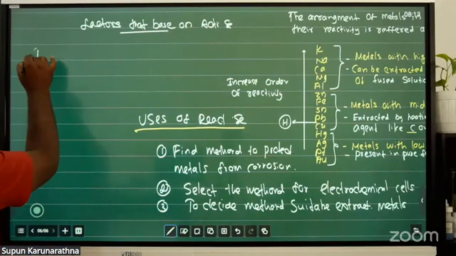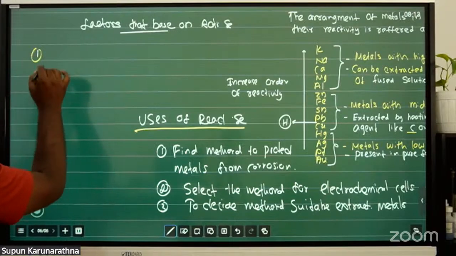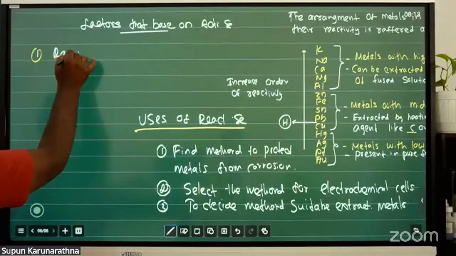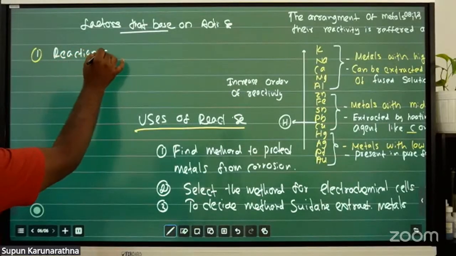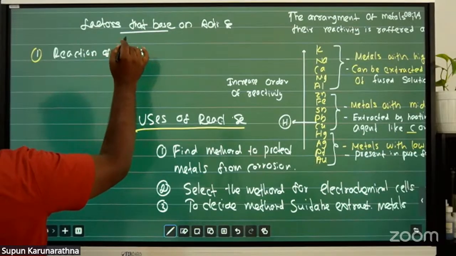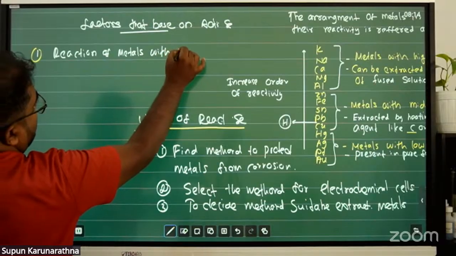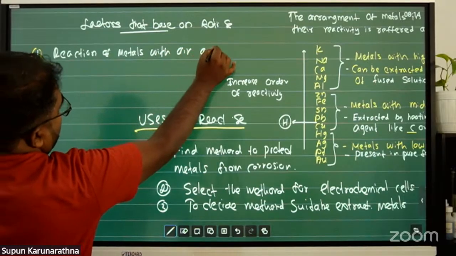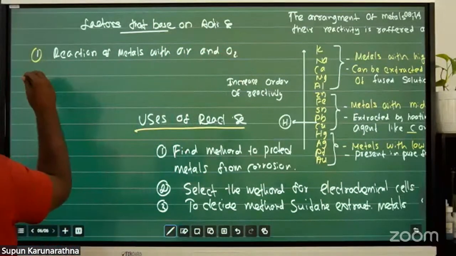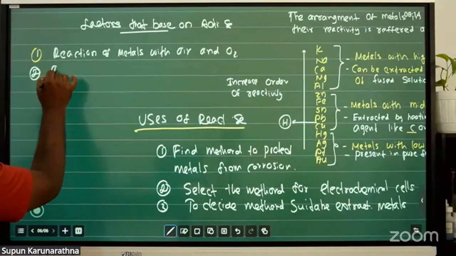The first factor is the reaction of metals with air and oxygen. The second is the reaction of metals with water.